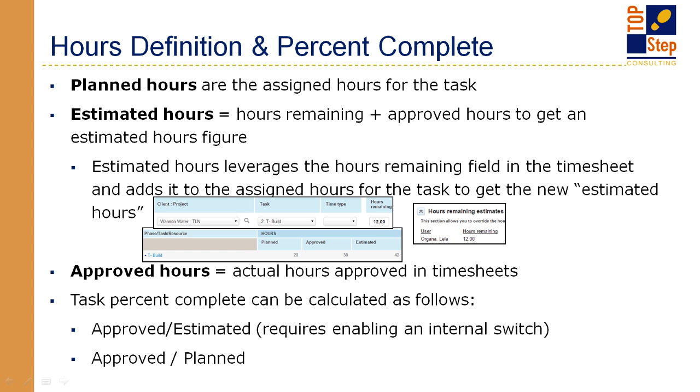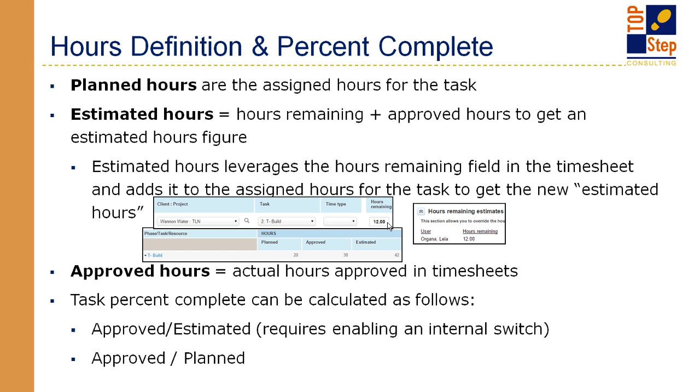There's this other concept of estimated hours, and I see a lot that this is causing confusion, or people don't even realize that this is actually on in their system. The estimated hours, if you have the hours remaining field, you'll have the hours remaining field in your timesheet. So basically what happens is when someone goes and enters time, there's a project, they have their task, and then they can input a number into this hours remaining field, and that is the incremental hours that they expect to complete this task.